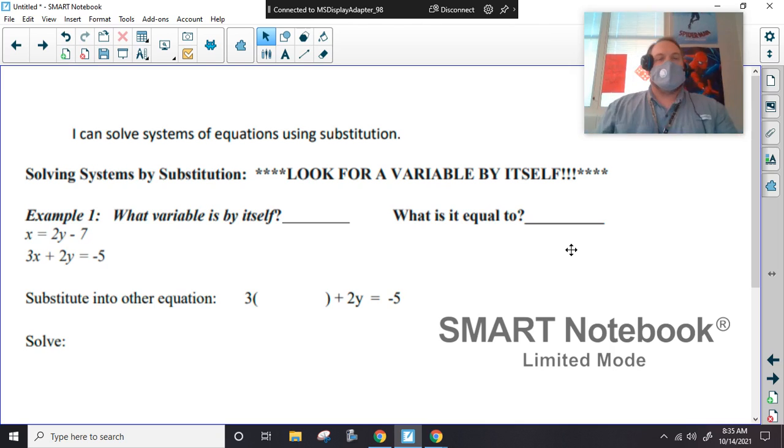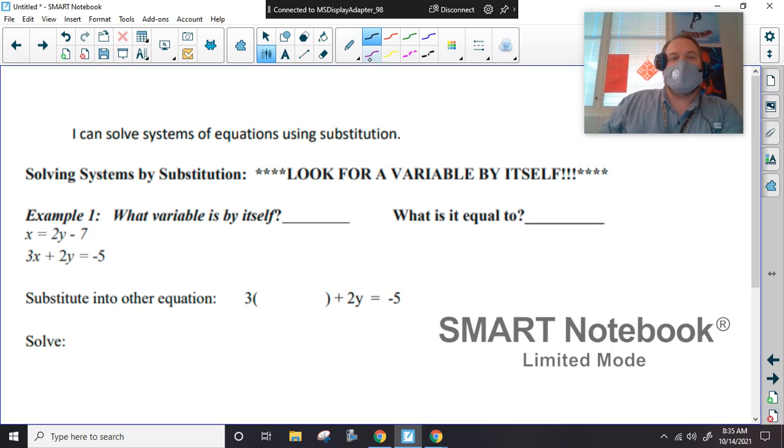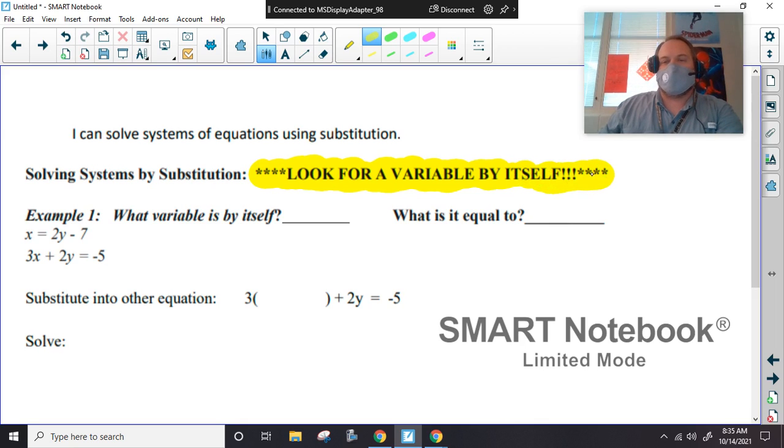So when we're solving by substitution, this right here is very important. I wonder why somebody capitalized every letter, made it bold, and put those little asterisks around it. Yeah, it's important.